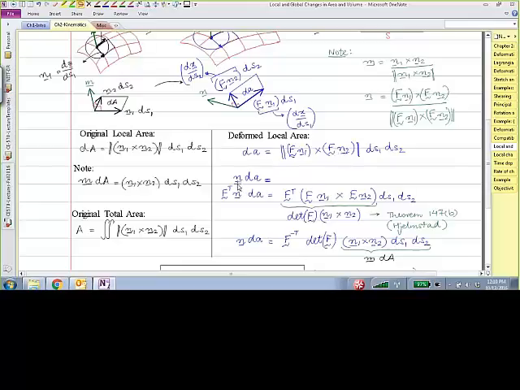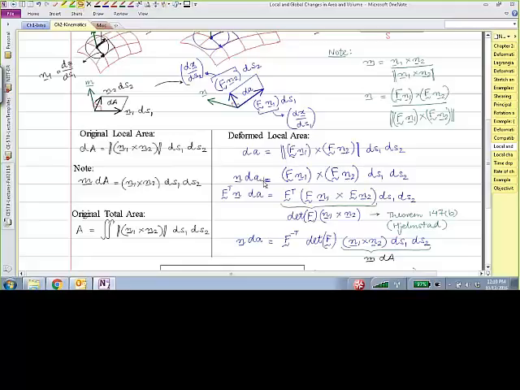Now, if I multiply that with the normal to the deformed surface, then actually all I'm doing is taking the magnitude, multiplying it with a unit vector. So this norm and this norm in the denominator will cancel off, and what we get is something like F acting on N1 cross with F acting on N2 ds1 ds2.